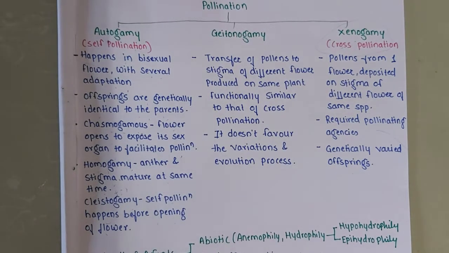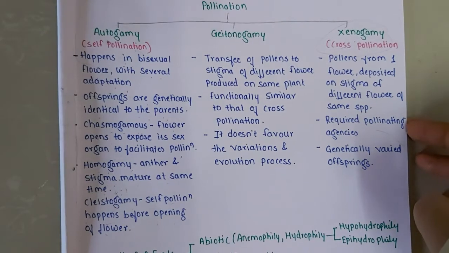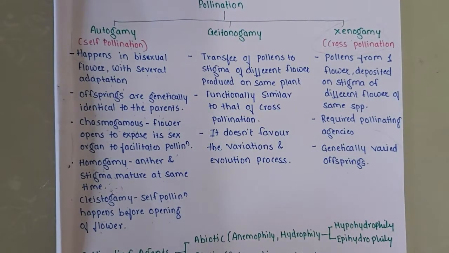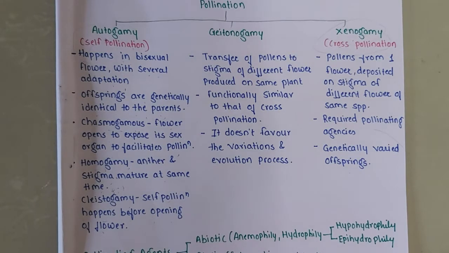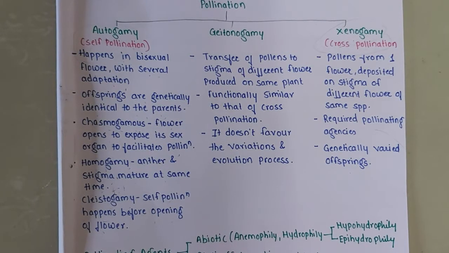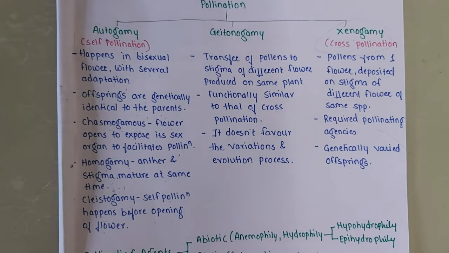Next is cross pollination, another term for which is xenogamy. Pollen from a flower is deposited on the stigma of a different flower of the same species. In geitonogamy the plant is the same, but in xenogamy the plant is different and the flowers are also different.